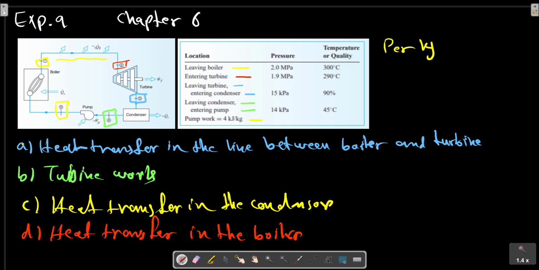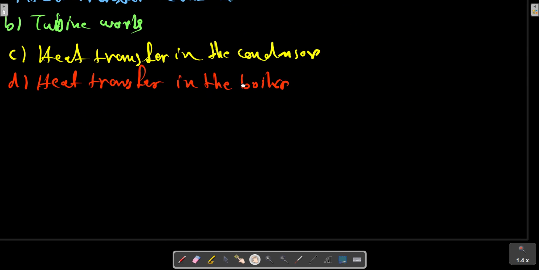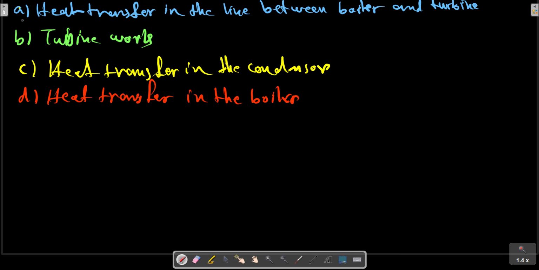So we start with A, heat transfer in the line between boiler and turbine.